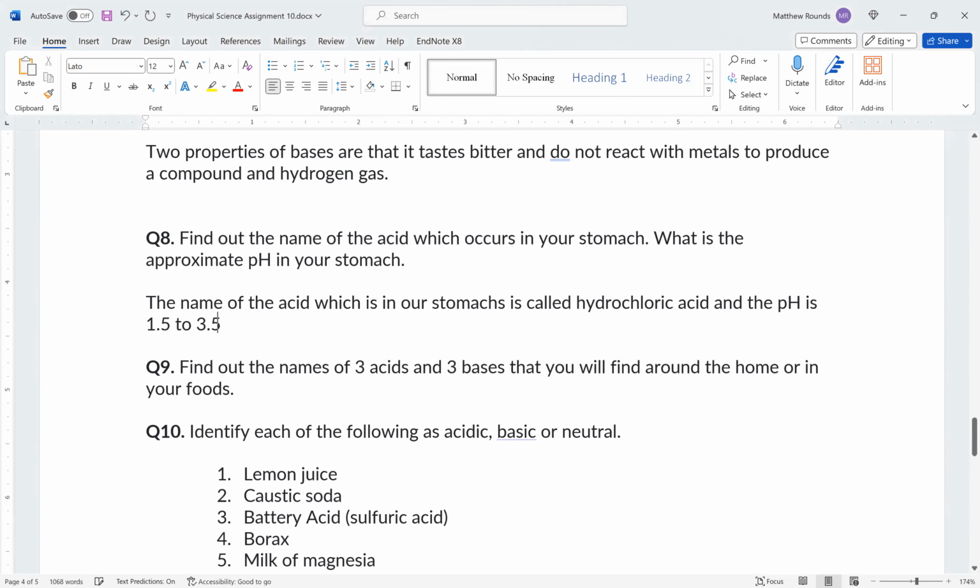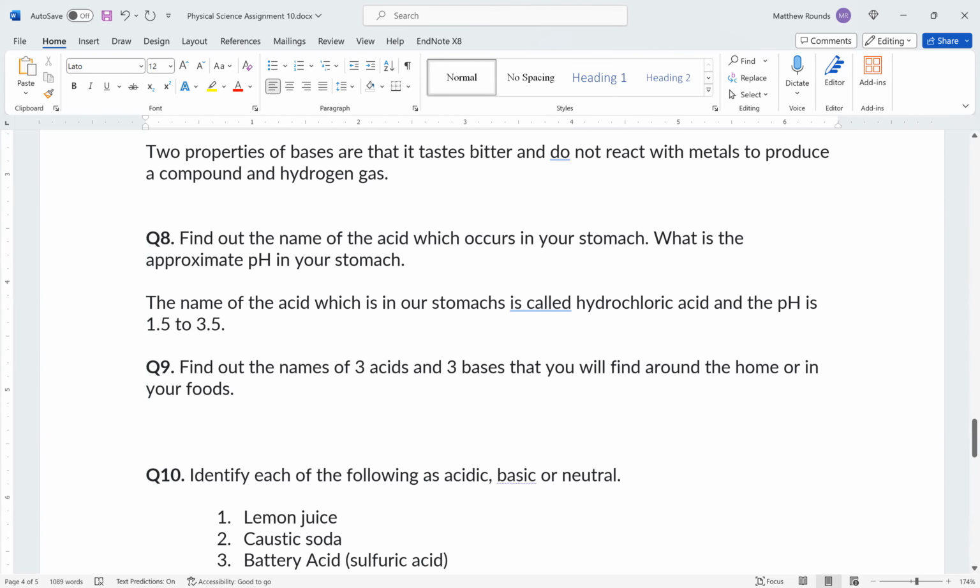The more you do school and get through this life, you start learning how to actually search for things. What we're looking for is common household acids or bases. That's the right search here for number 9. Conveniently, the first thing I searched up literally comes up, so that's perfect. Okay, common household acids first.